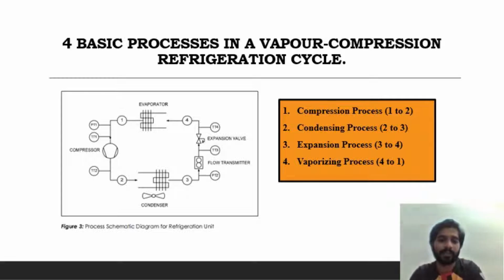The refrigerant then moves to the condenser, which allows it to experience the condensing process, and then through the flow transmitter to the expansion valve. In the expansion valve, the refrigerant experiences an expansion process. Lastly, the refrigerant moves to the evaporator section and experiences the vaporizing process.